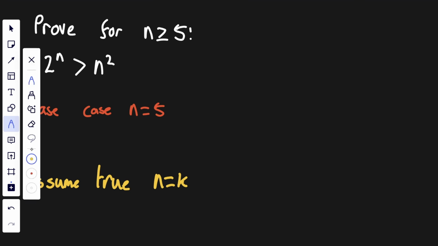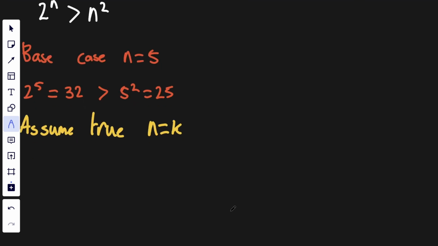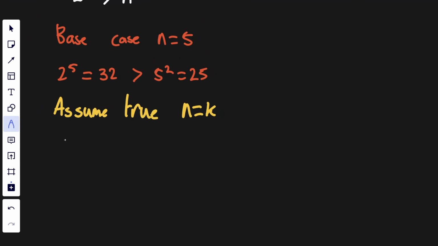So the base case is always easy. We're just going to plug in n equals 5. So 2 to the 5 is 32, 5 squared is 25, and clearly 32 is bigger than 25. Next, we're going to assume true for n equals k, i.e. 2 to the k is bigger than k squared.